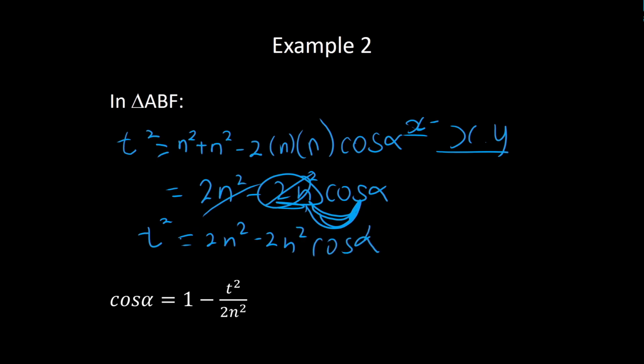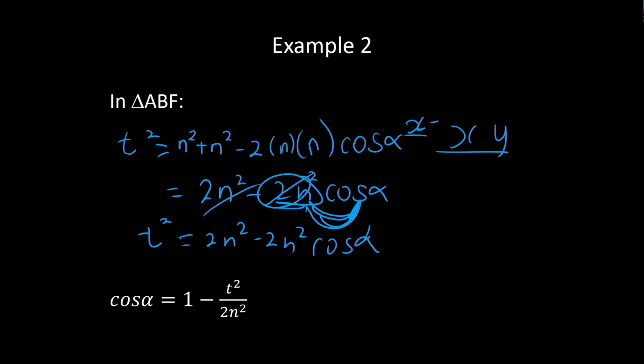Okay, and because the question had this ratio, cos of alpha is equal to a quarter, I'm thinking, well, let's try and get as close to cos of alpha as possible. So I'm going to isolate the cos alpha by changing the subject of the formula and moving the other terms away from the cos of alpha. All right, so how do we do that? Well, if I take minus 2n squared cos alpha to the left-hand side, I get positive 2n squared cos alpha.